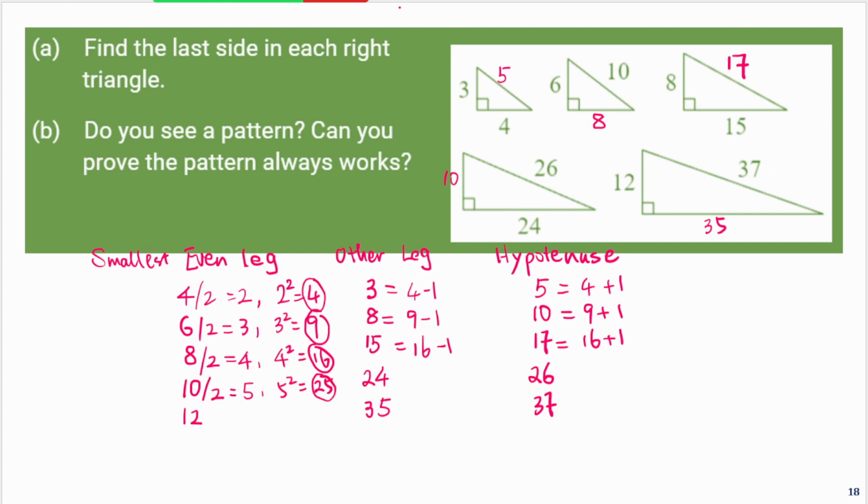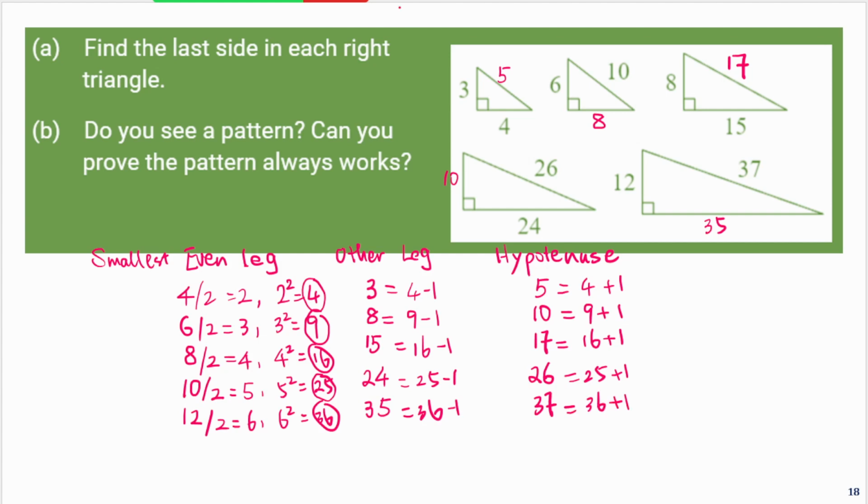Then 24 is 25 minus 1, and 26 is 25 plus 1. And this pattern continues when the smallest even leg is 12. 12 over 2 is 6. 6 squared is 36. And 35 is 36 minus 1, and 37 is 36 plus 1, right?